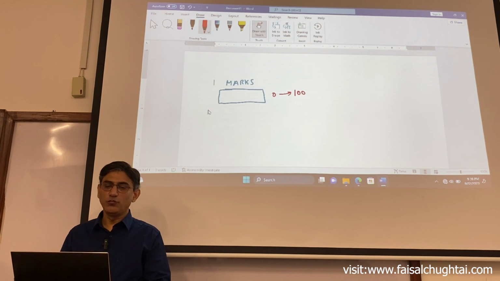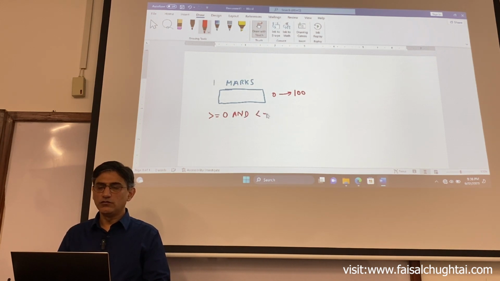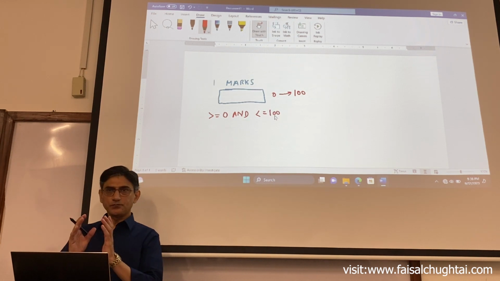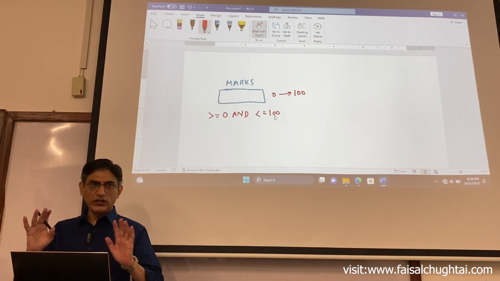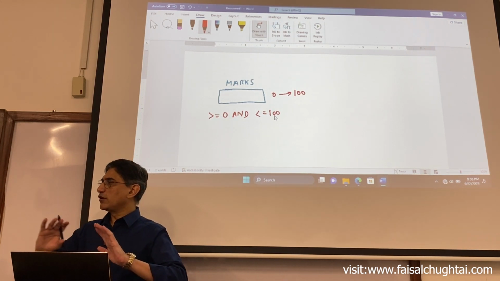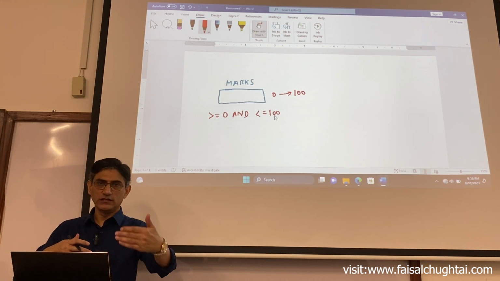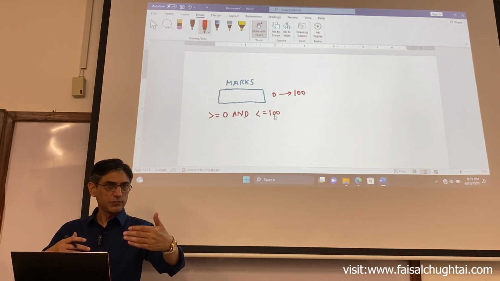Well, I will have to put in this rule like this. I will put in a rule that says greater than or equal to 0 and less than or equal to 100. Say for instance, this is how the rule has been implemented in the program. Once implemented, now I do not have to worry about anything. The rule is there. The range check has been applied.